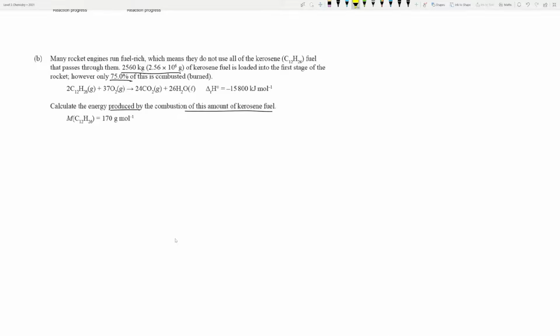They gave us the grams of kerosene fuel, they told us that 75% of that burns, and they asked us to figure out how much energy is produced. So you need to identify that this is the only species I got given, and that is the only species I'm interested in.